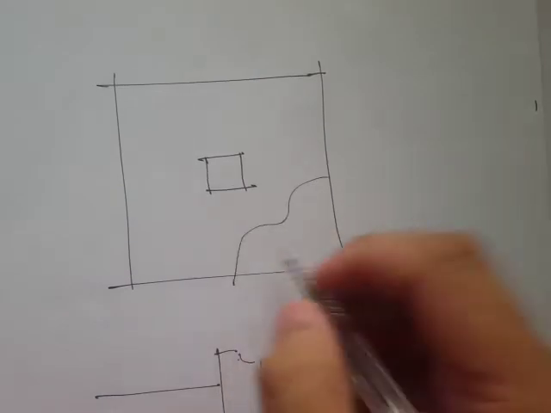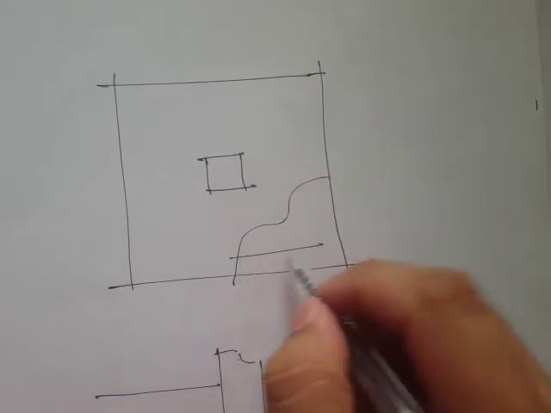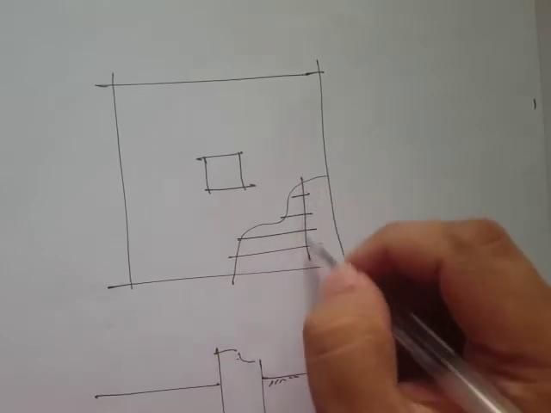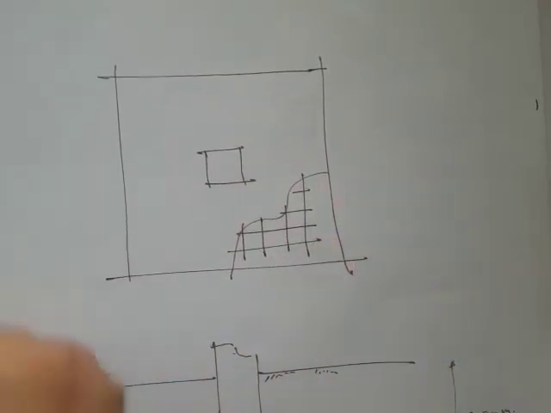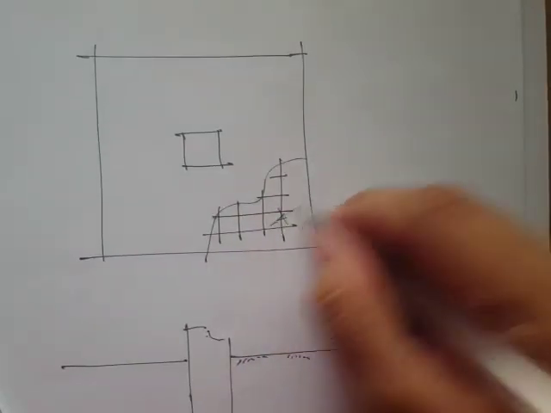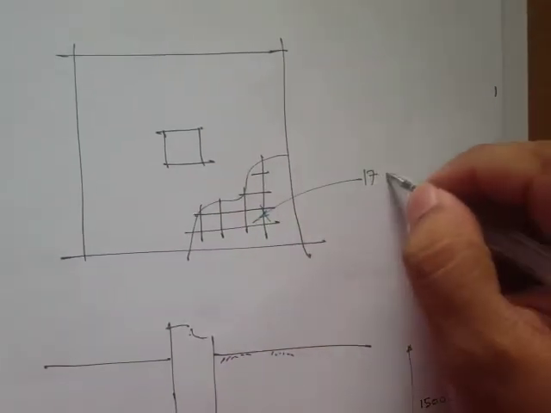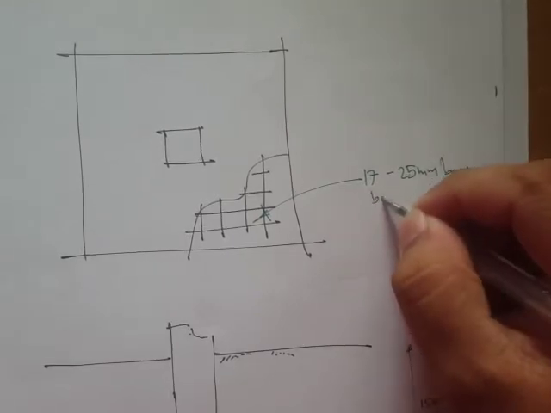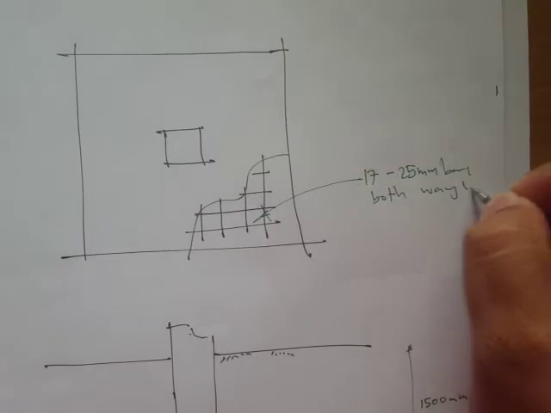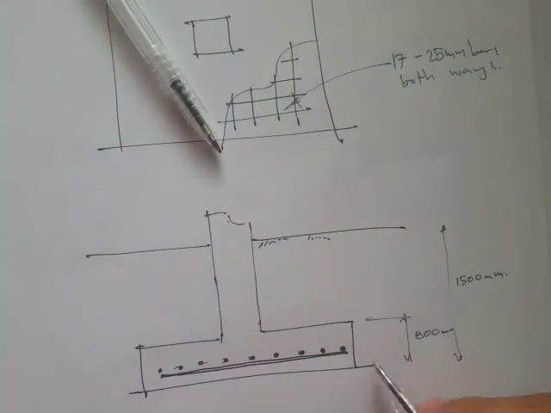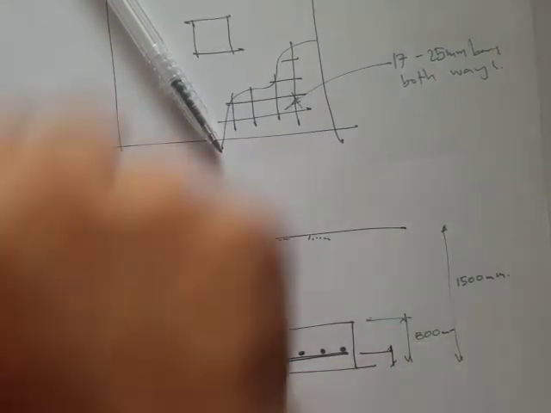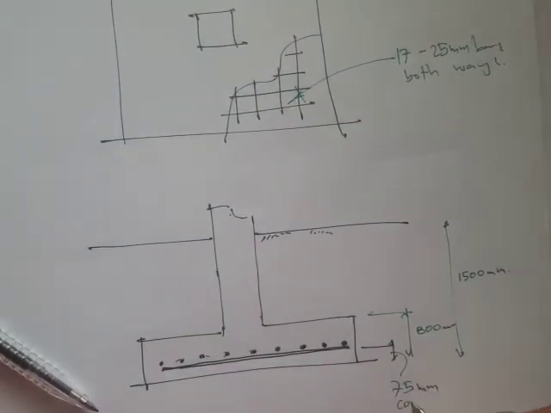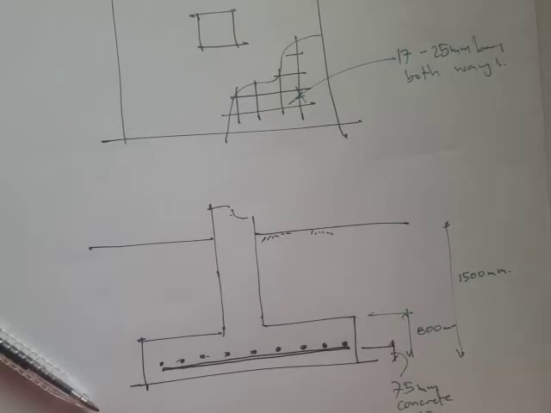And if we try to draw it in this plan view, then we have these bars like here. So we can specify this as 17 pieces of 25 mm bars both ways. And here we can also include a concrete cover, say 75 mm concrete cover.